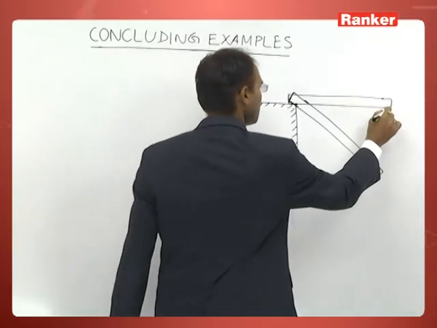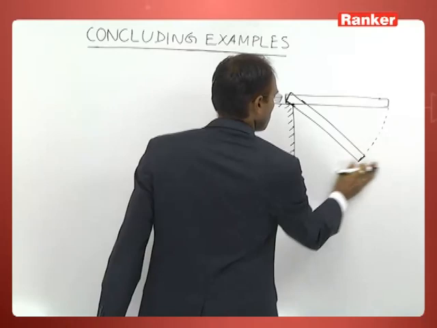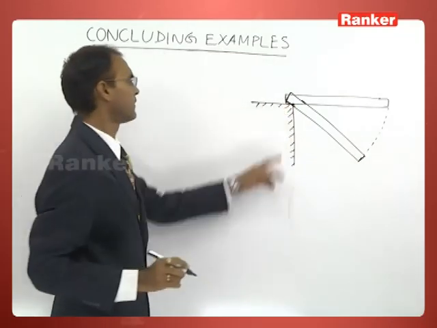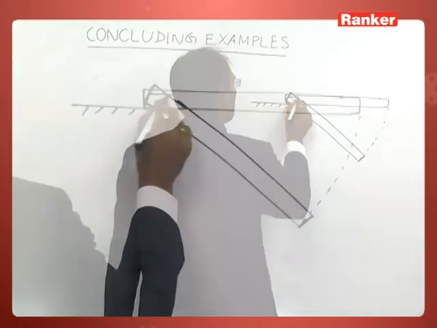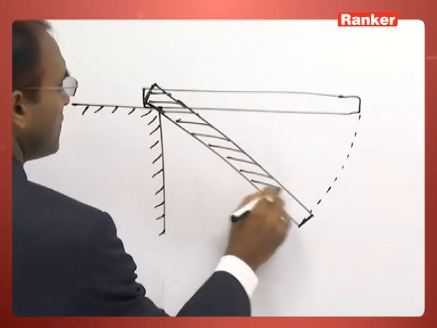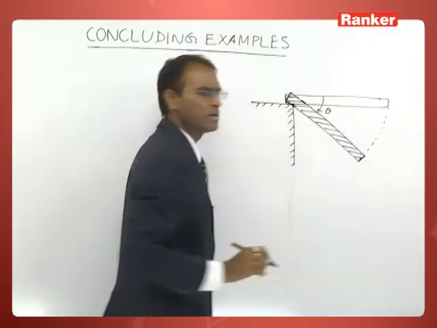It rotates about this edge point. About this edge, the rod will rotate. So this is the final position. When it rotates to an angle theta, this is the position.